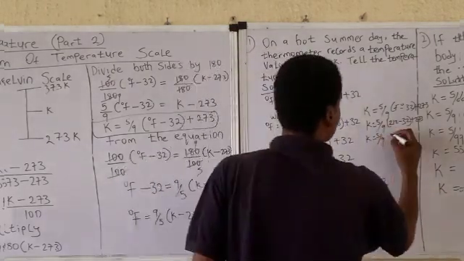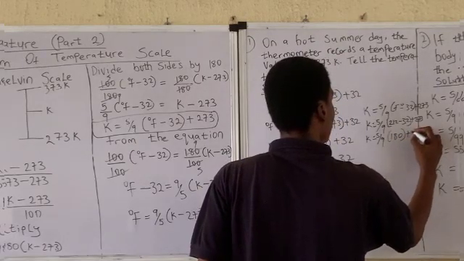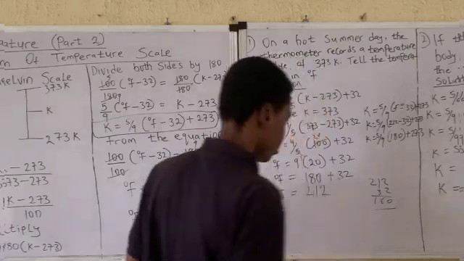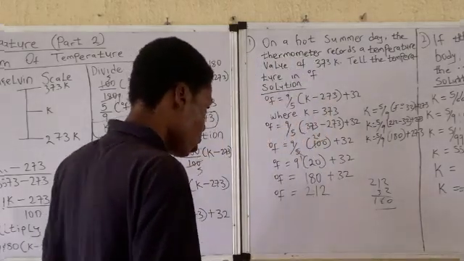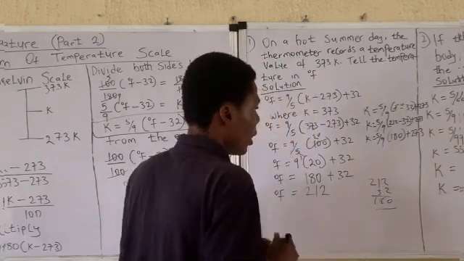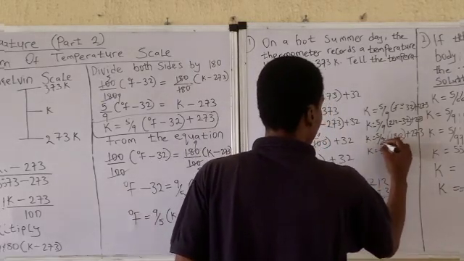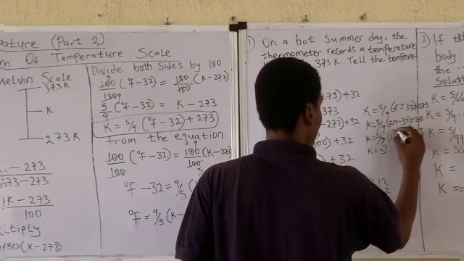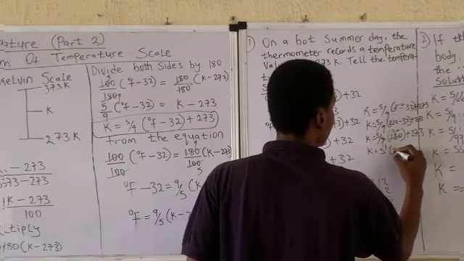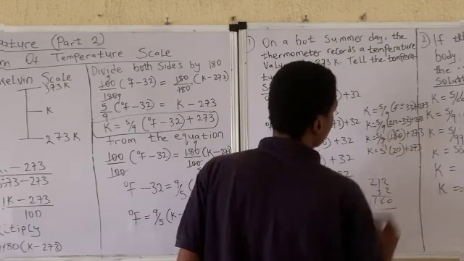So in bracket, 180 plus 273. So what's next? We divide 9 into the 180. So we have Kelvin equal to 5, here 1, here 20. So in bracket here it will be 20 plus 273.